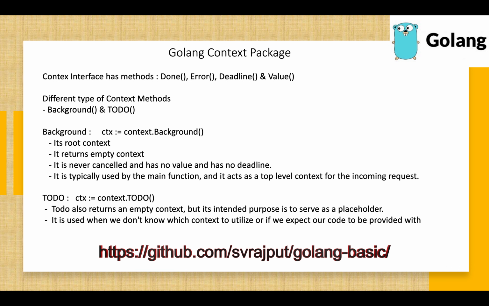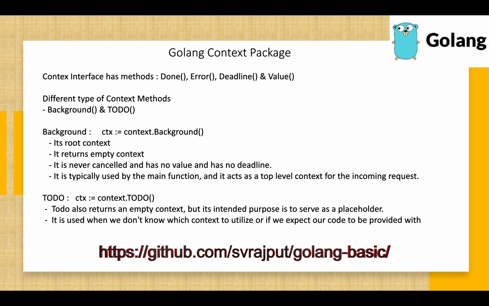The Background function returns an empty context. It is the root of all contexts, or the context tree. It is never cancelled and has no value and no deadline. It is typically used by the main function and acts as the top level context for the incoming request.